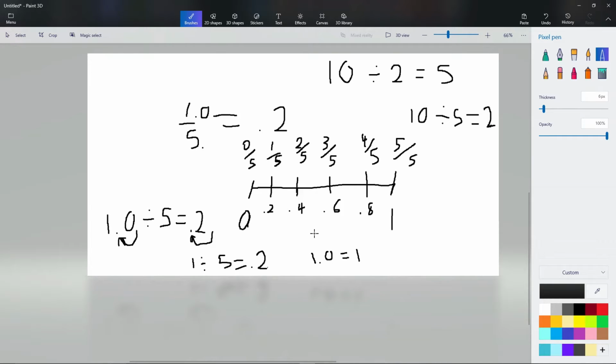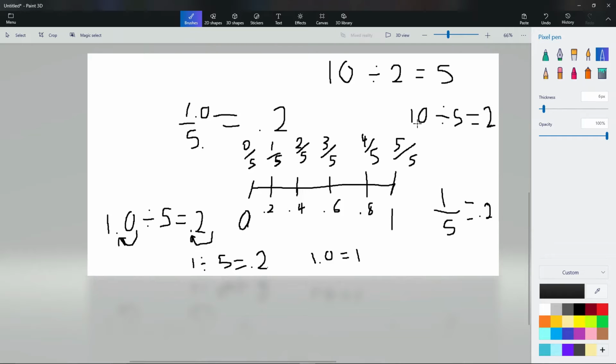Okay, so now we explained the fraction here. We've explained that 1 over 5 is 0.2, because this is the same as writing it as 1 divided by 5, and 1 divided by 5 is the same as writing it as 0 over here, and we can replicate this example right over here.